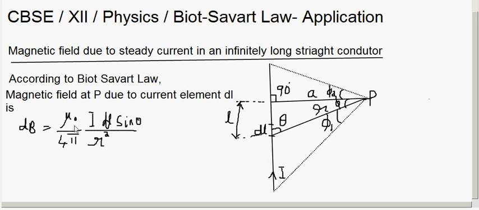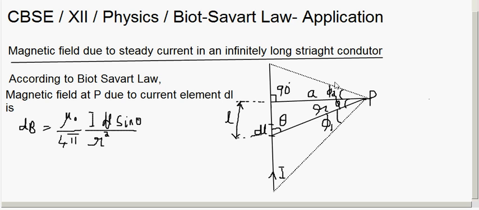Now we have here dB in terms of I dl and sin theta by r square. Now let us rewrite this equation so that we can integrate from phi 1 to phi 2. We have to integrate from phi 1 to phi 2 to find the total magnetic field due to the whole conductor, because from P, if I draw a line downwards to the end of the conductor, it makes an angle phi 1.